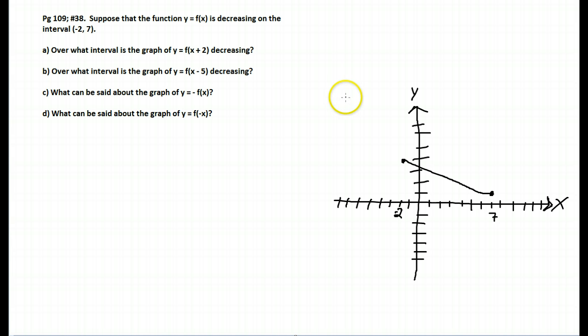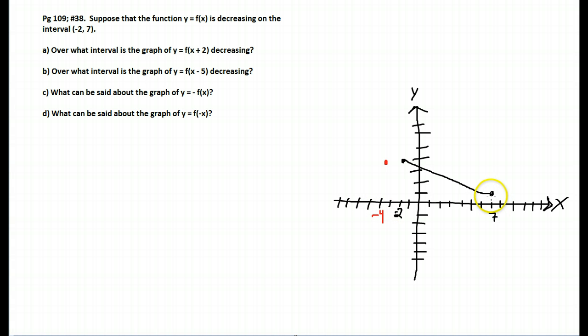Part A asks, over what interval is the graph of f of x plus 2 decreasing? Well, the plus 2 inside of parentheses is a horizontal shift to the left 2 units. So if we moved this point left 2 units, the x-coordinate would be at -4.